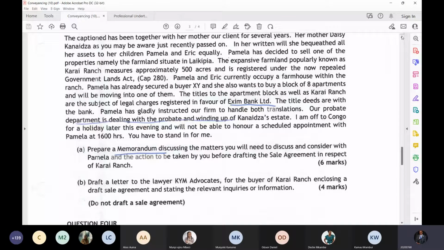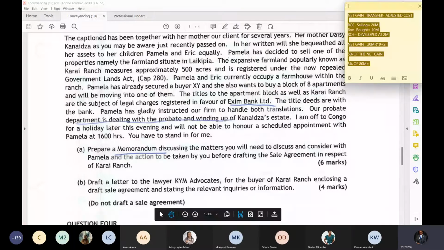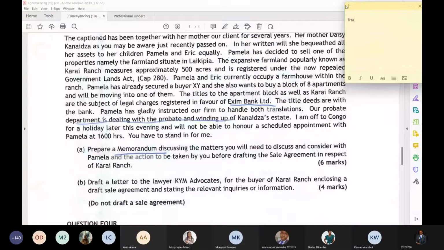Issues of second charges. We just talked about a second charge. Discharge of charge. Just list them, then we'll go through each one individually and assess the merits of each.